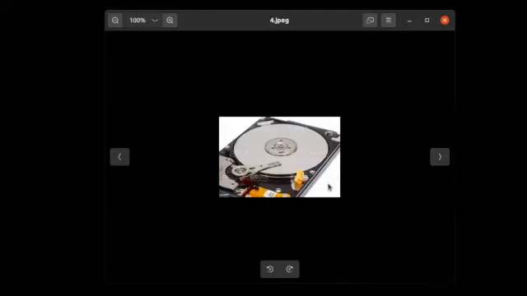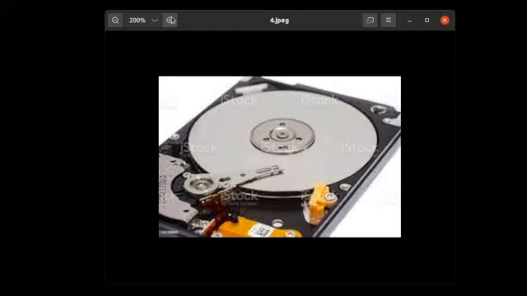The next comes the HDD, the hard disk, which you are familiar with. The HDD is the most popular hard disk drive that we use today, and it is most affordable. There are two types of hard drives: SSD and HDD.